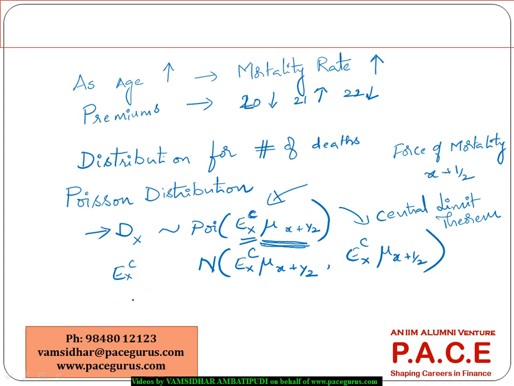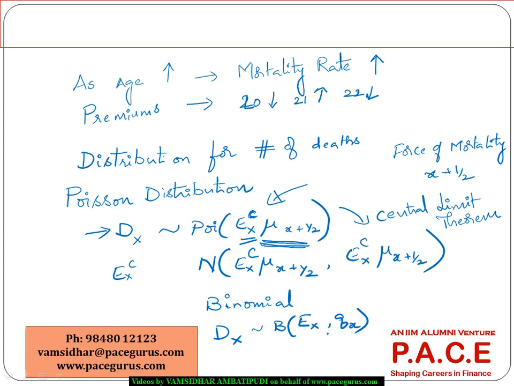But if I am assuming that the deaths follow a binomial distribution instead of a Poisson distribution, then what happens? The same logic. The deaths follow a binomial distribution with the exposed to risk Ex as the number of trials, and I will not take the force of mortality.